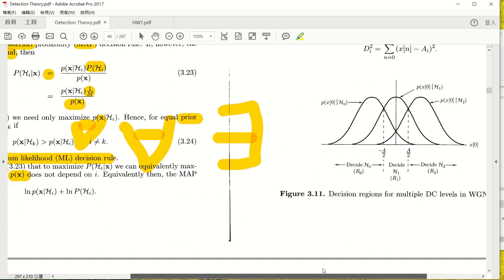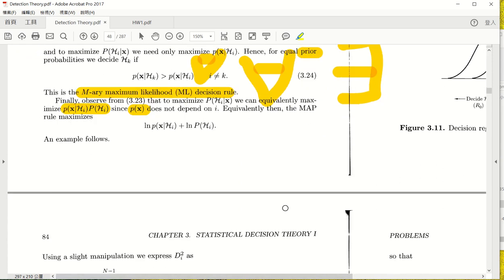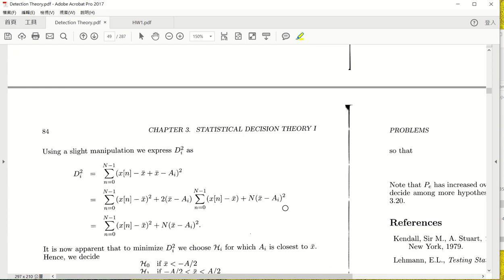Now we are already at the middle of the discussion. So now we use a slight manipulation.